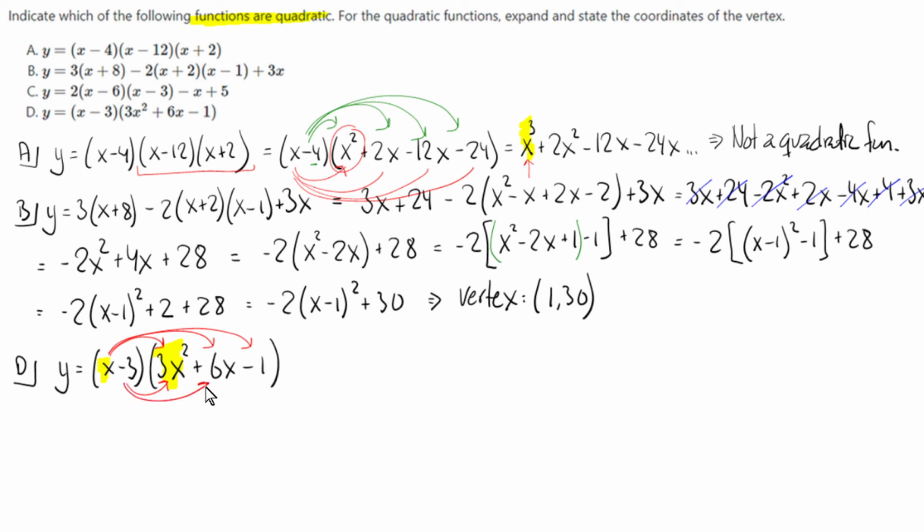Negative 3 times 6x, also not a cubed term. And negative 3 times negative 1 is also not a cubed term. So this means that this is not a quadratic function. And if you're not entirely sure about the reasoning, just expand it, and you'll see that it's a cubic function.